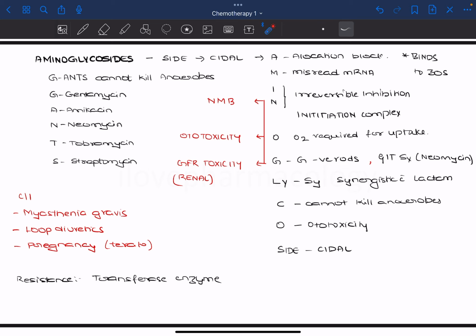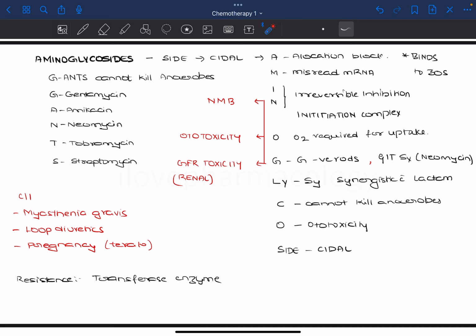And what are the important three side effects of the aminoglycosides? This can be remembered as NOG. N stands for nephrotoxicity, that is renal toxicity. O stands for ototoxicity, which is toxicity that affects your ear, and NMB stands for neuromuscular blocking.